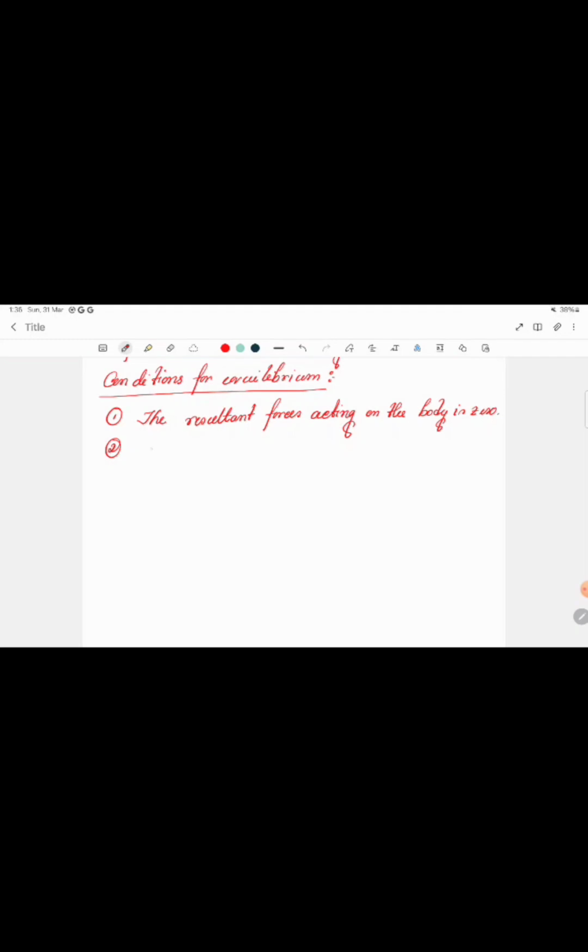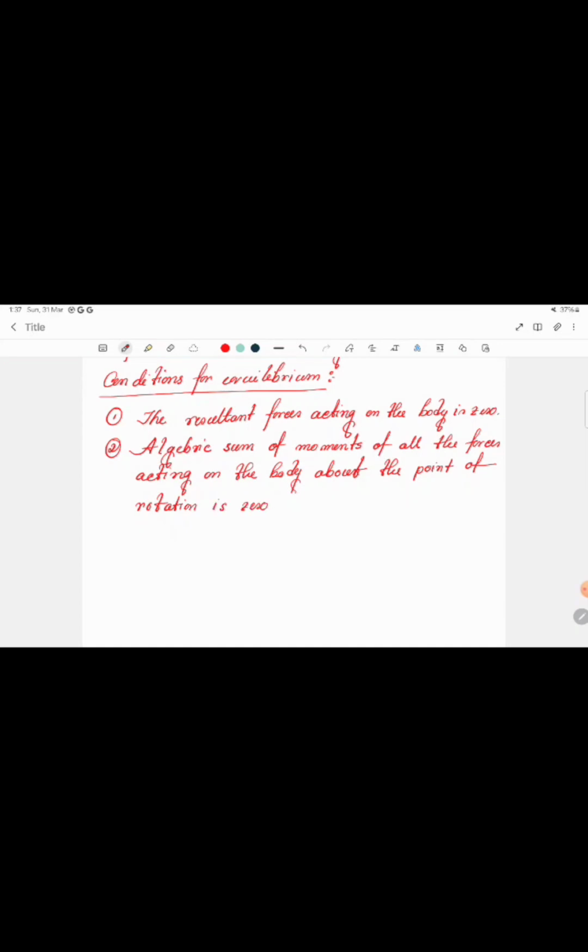And number two, the algebraic sum of the moments of all the forces acting on the body about the point of rotation is 0.